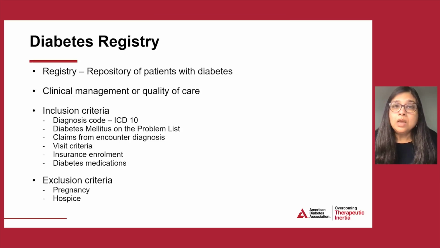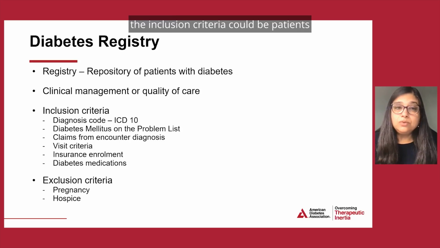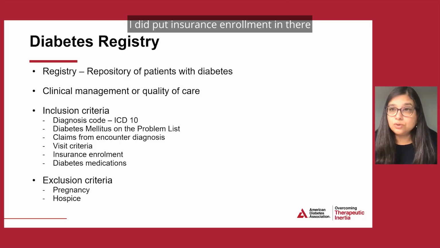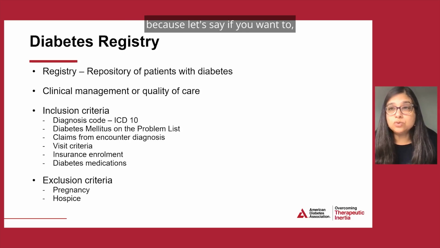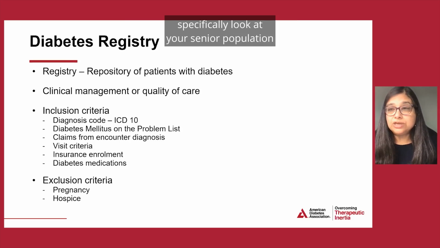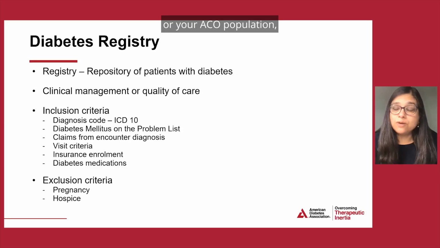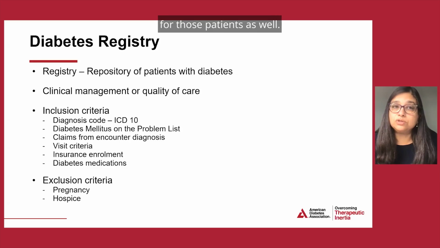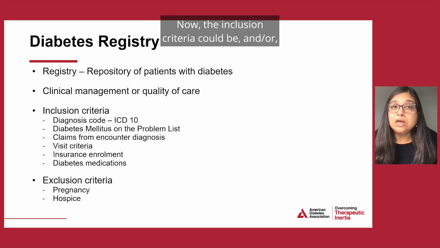The inclusion criteria could also be patients with diabetes medications. I did put insurance enrollment in there because if you want to specifically look at your senior population or your ACO population, then you have the ability to create a separate registry for those patients as well. Now, the inclusion criteria could be and or.